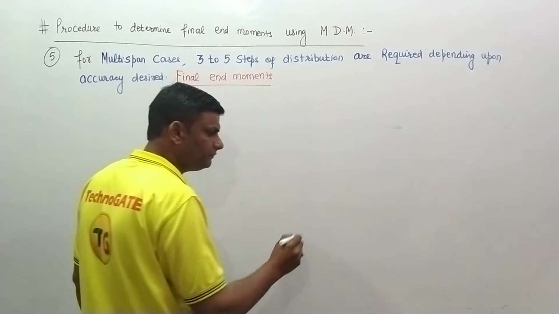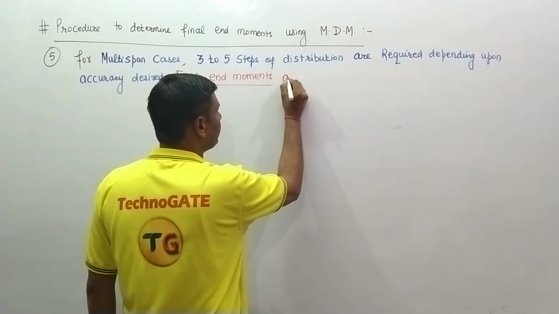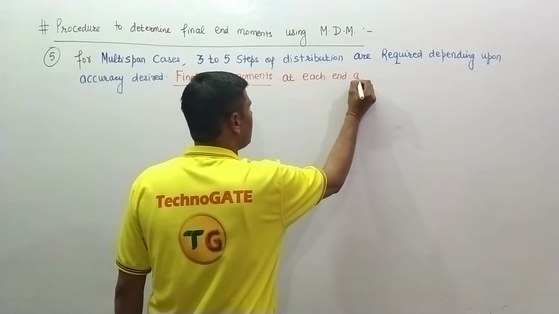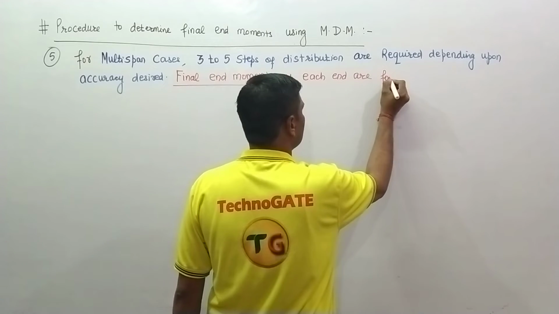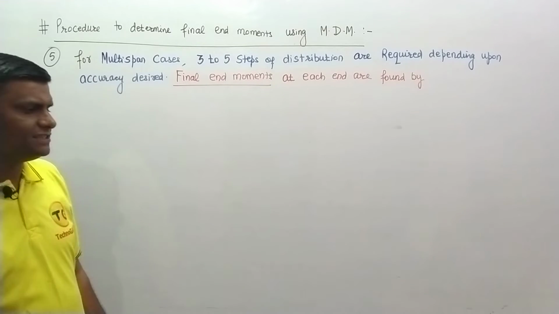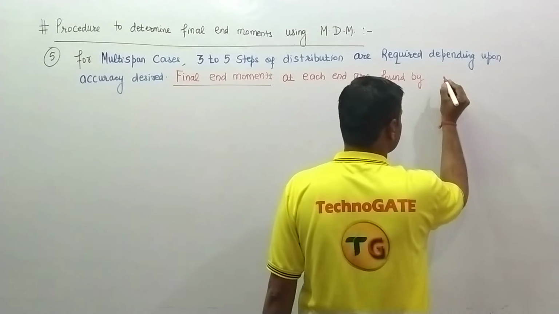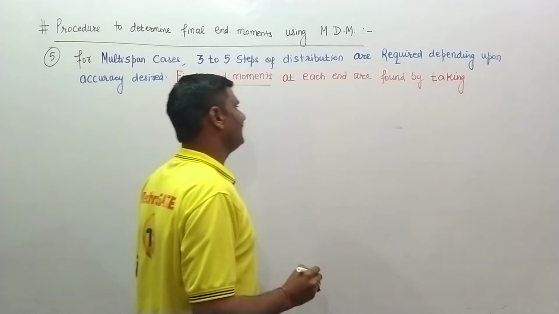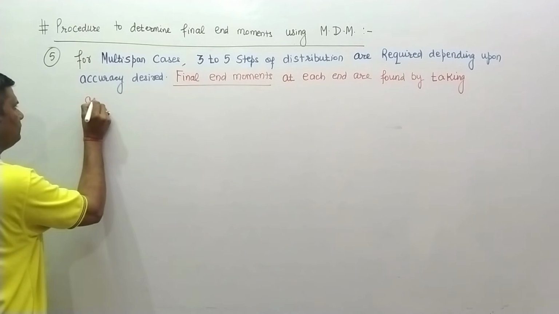Final end moments at each end are found by taking the algebraic sum of all the steps.